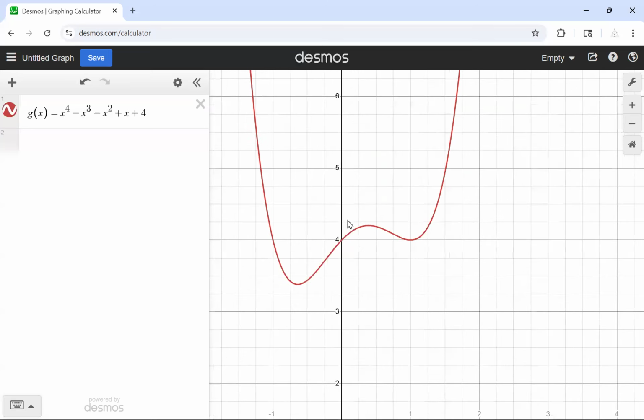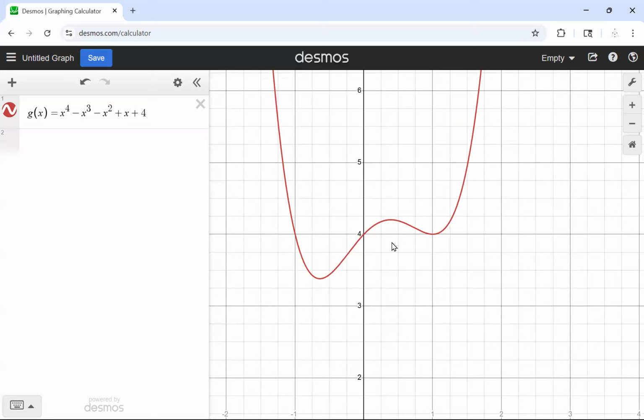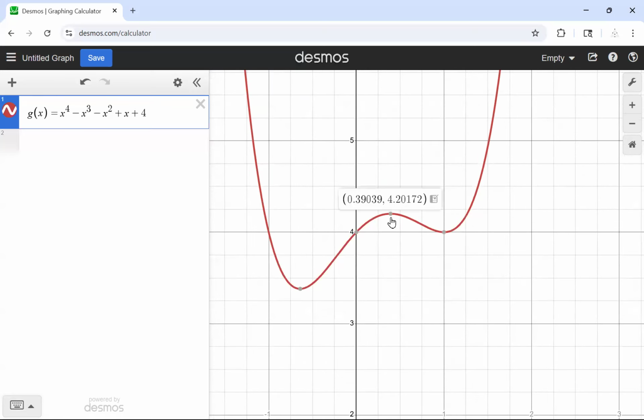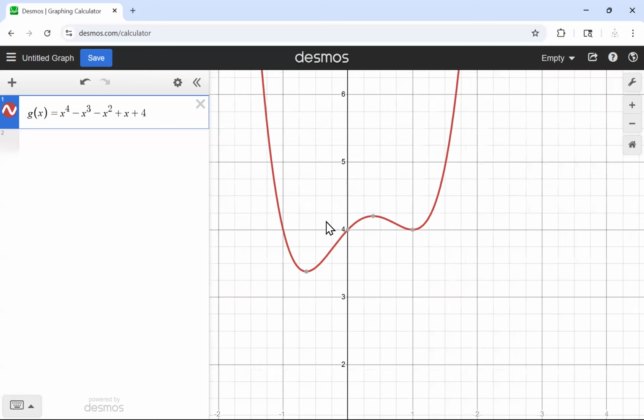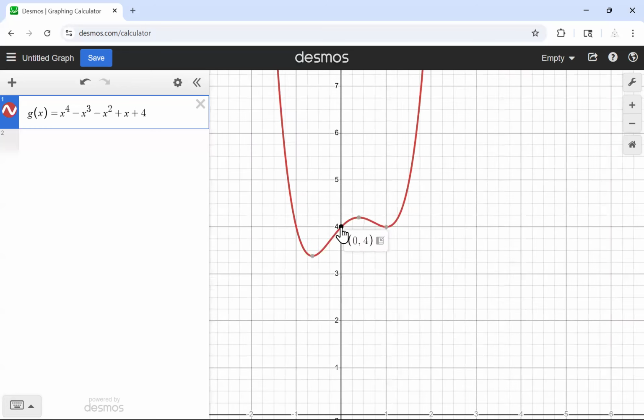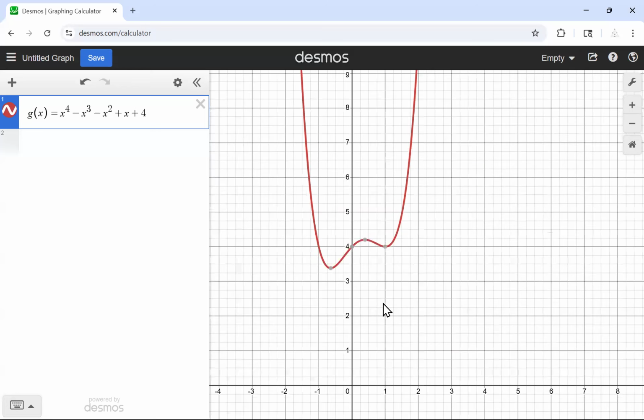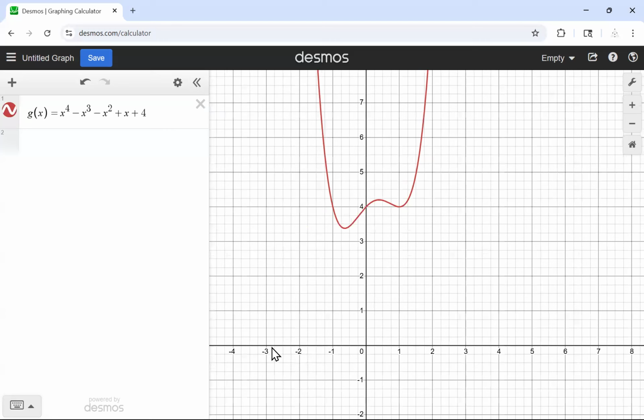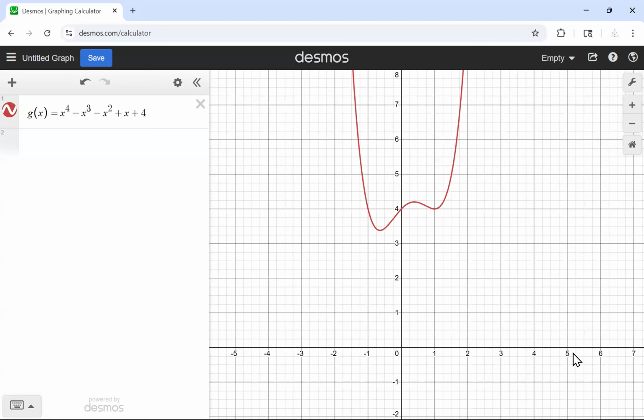There's some that Desmos highlights and some that your TI-84 calculator can figure out. I do want to point out that (0, 4) is the y-intercept. (0, 4) is where this graph hits the y-axis. And you'll notice that this graph never crosses the x-axis. So this graph doesn't have any x-intercepts.